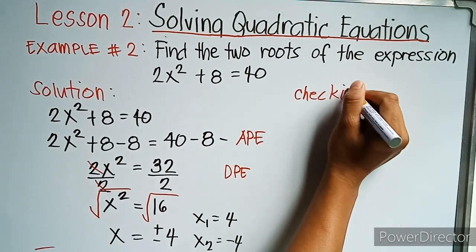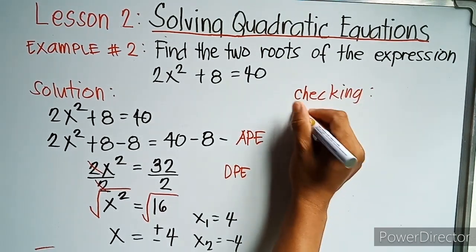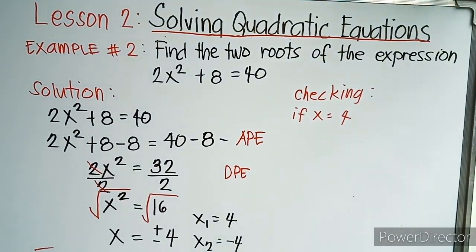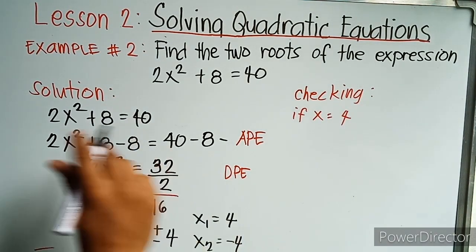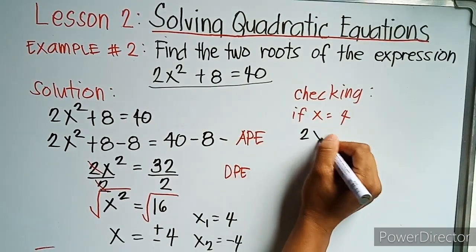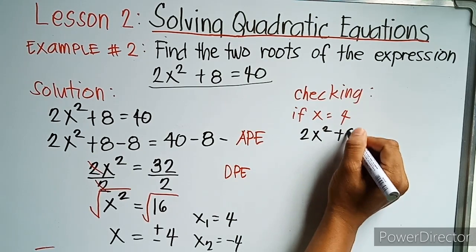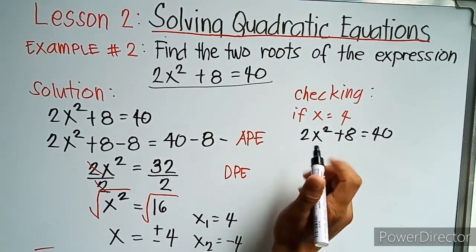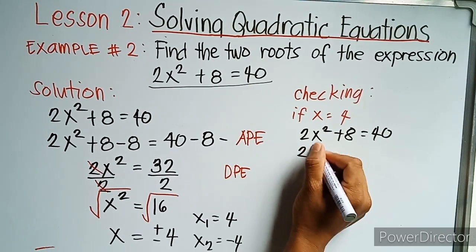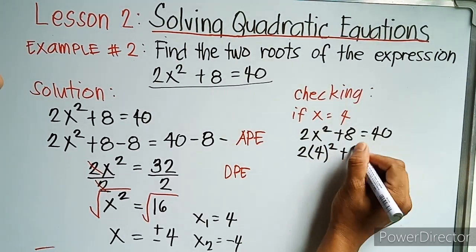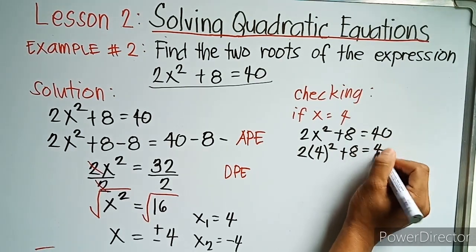So, for our checking, if x equals 4, we have original quadratic equation, 2x squared plus 8 equals 40. Substitute x by 4, so we have 2 times 4 squared plus 8 equals 40.